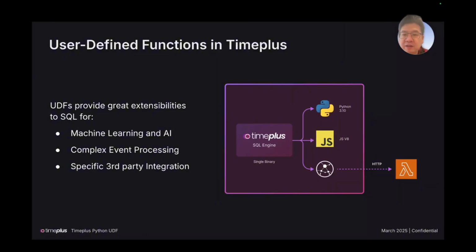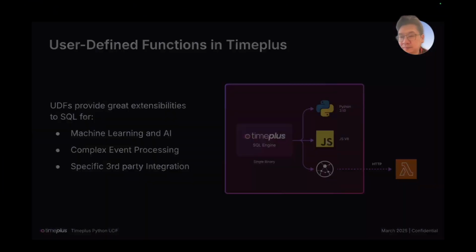This will greatly simplify your data infrastructure. So today I'm going to share how this Python UDF works in Timeplus, and I will also give you some examples of different Python UDFs using different libraries.